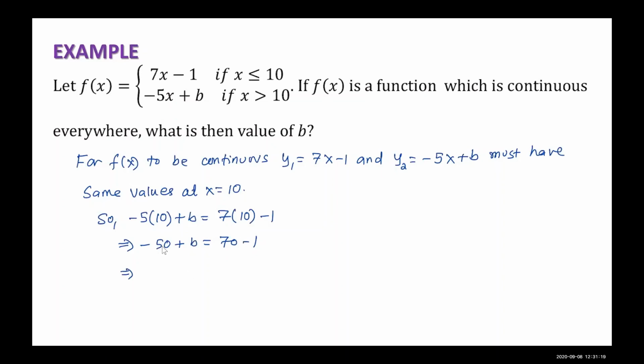Now, if I add 50 on both sides, b equals 120 minus 1, which is 119. So that is the value of b. So the meaning of that is, if the value of b is 119, this function will be continuous. Otherwise, the function will not be continuous.